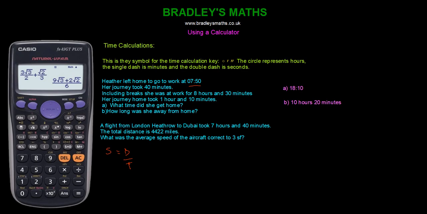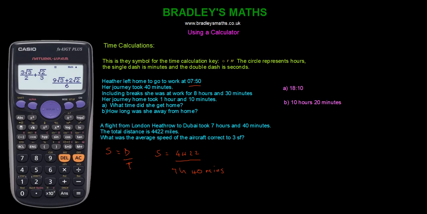So our speed equals 4,422 divided by 7 hours and 40 minutes. If we didn't have the time function on the calculator, we would have to change 7 hours and 40 minutes into a decimal of hours. So it'd be 7 point something hours. In fact, it'd be 7 and 2/3 hours, 7.6 recurring hours. Okay, but we have a time function, so we don't need to do that.